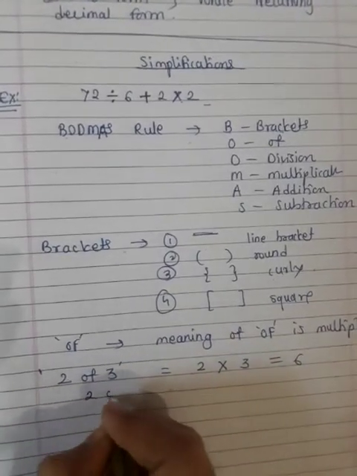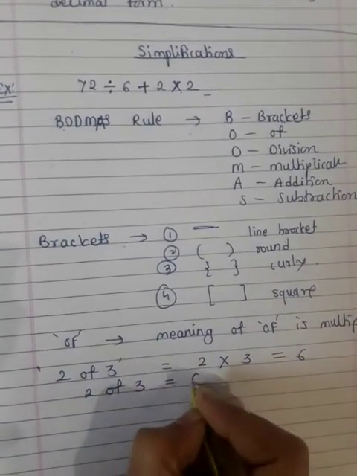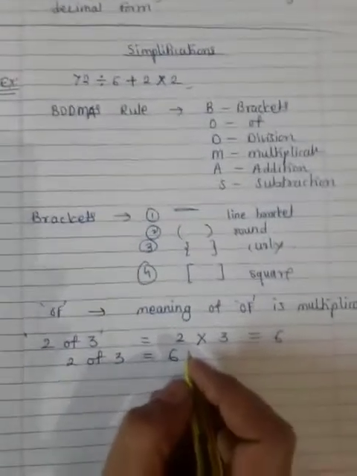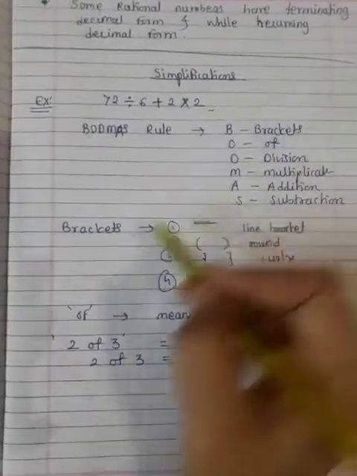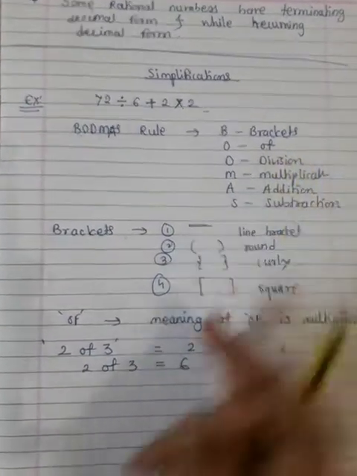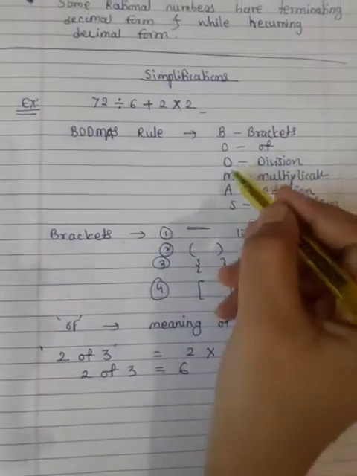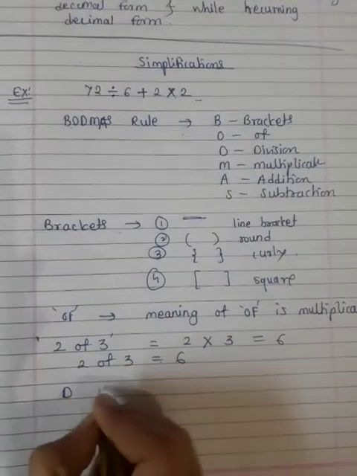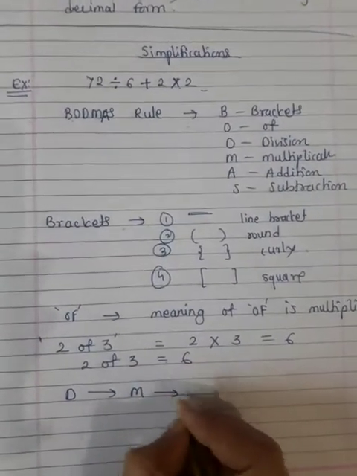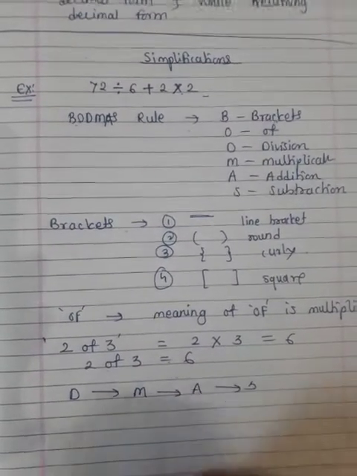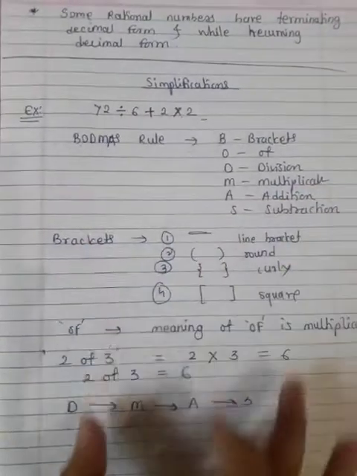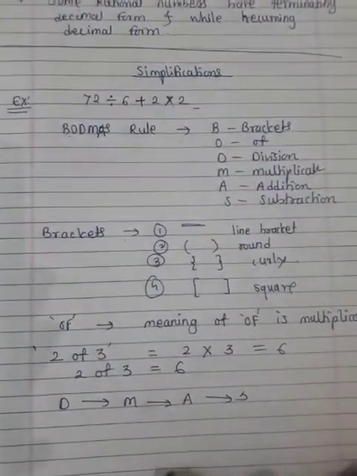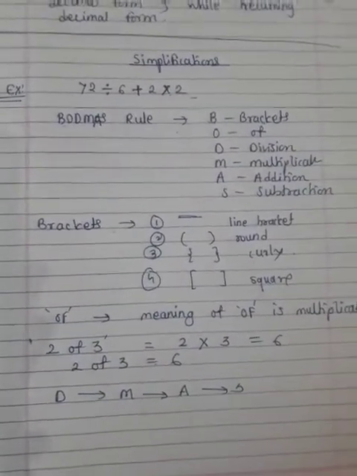Remember that first solve brackets. Whenever there is of between two numbers, multiply them. After that keep this order: first solve division, then multiplication, then addition, and then subtraction. You will understand by example, so see the example.